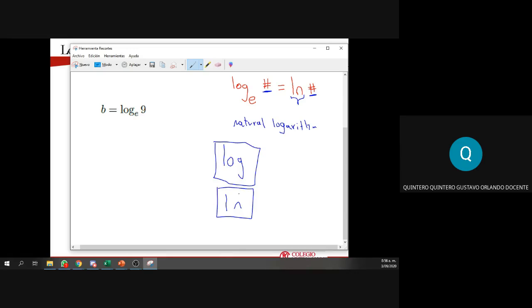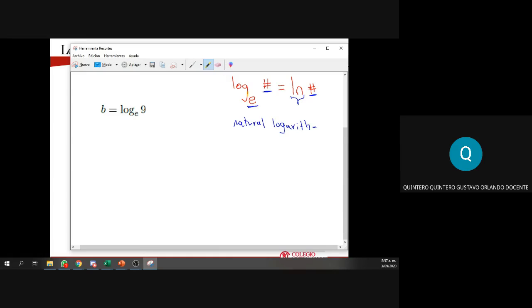That is how special the natural logarithm is. We even have a dedicated key for the natural logarithm, the logarithm base e. Why do we call it natural? I'm not sure.